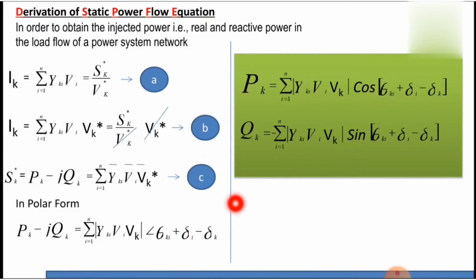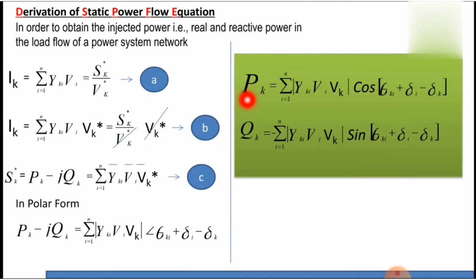I am rearranging this one in terms of the active power and the reactive power. I am separating here, that is Pk is equal to, for the active power I am getting the cosine of the angle, and for the reactive power I am getting the sine of the angle.